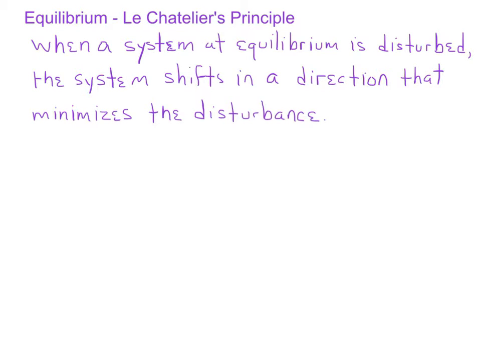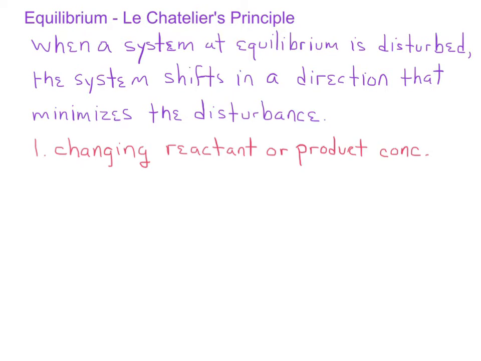Le Chatelier's principle says that when a system at equilibrium is disturbed, the system shifts in a direction that minimizes the disturbance. There are three different ways that we'll discuss a disturbance to a system at equilibrium. The first one, and probably the easiest one to understand, is what happens when we change the reactant or product concentrations.